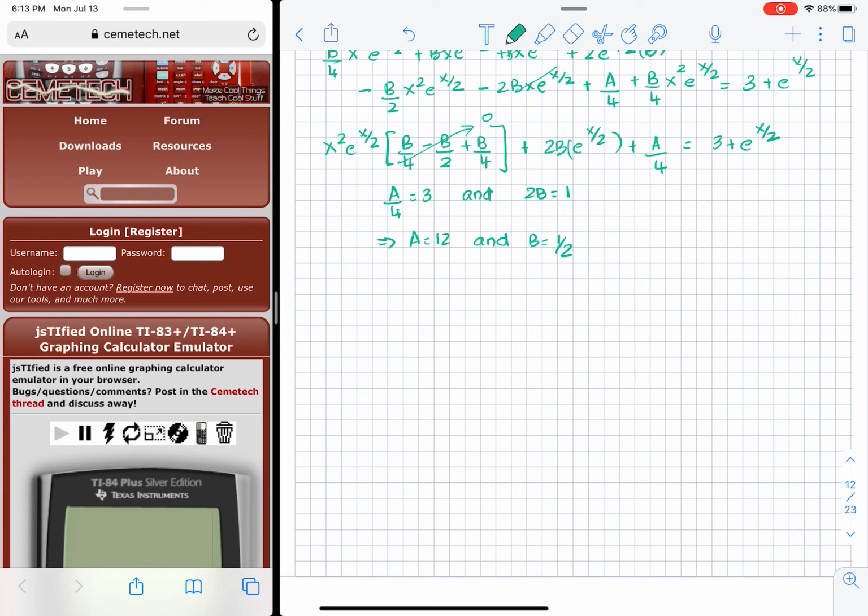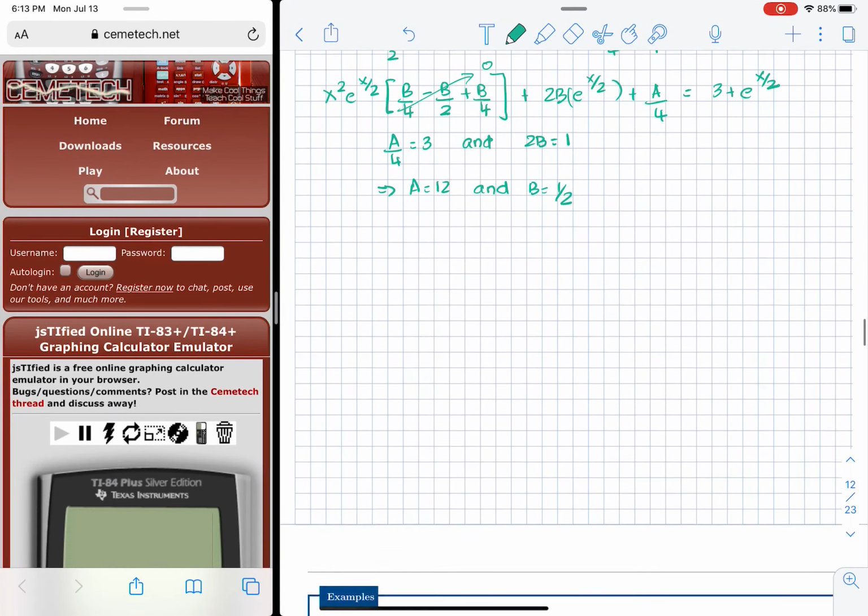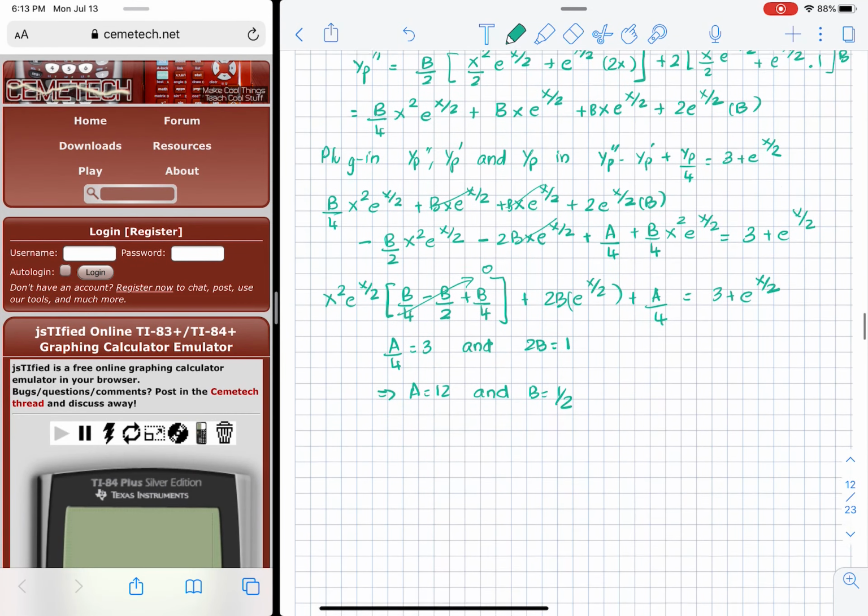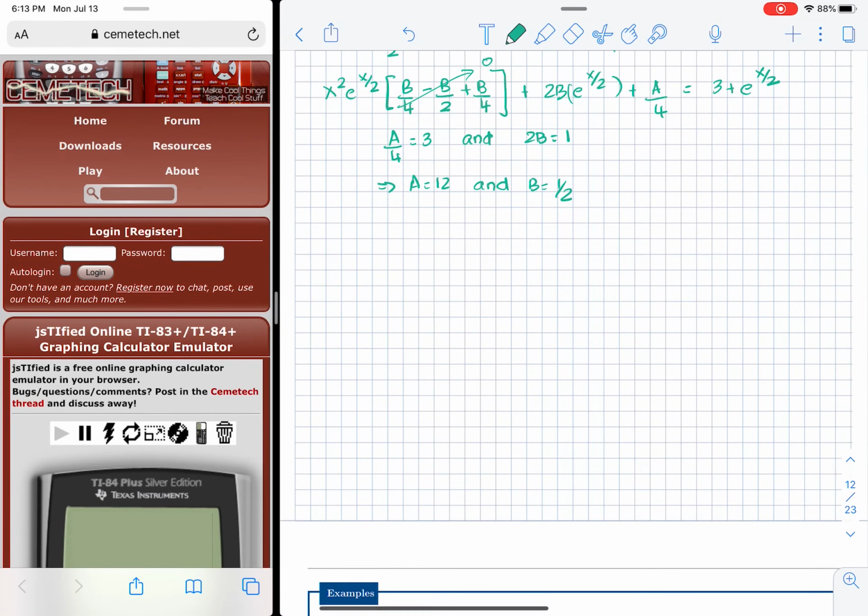So we have the values for a and b. We can take that and plug it back in our particular solution. So the particular solution is yp equals a, which is 12, plus b, 1/2, x squared e raised x over 2.